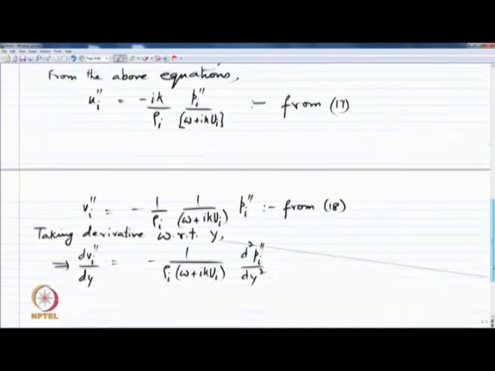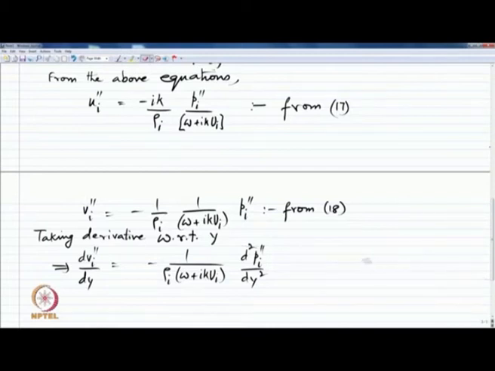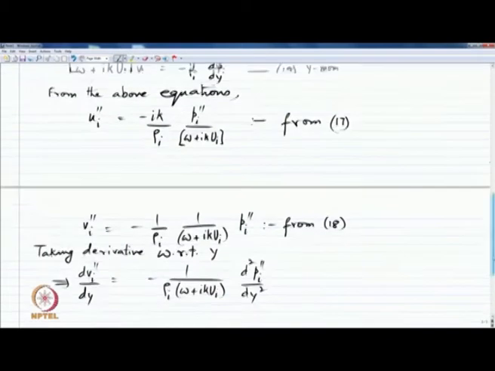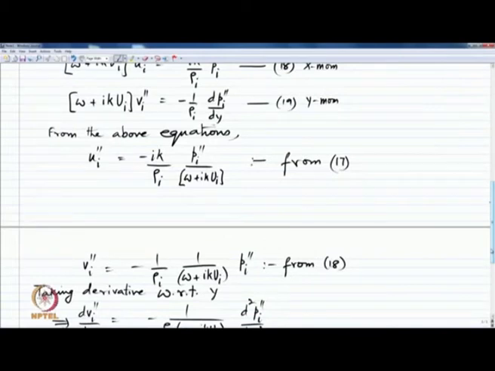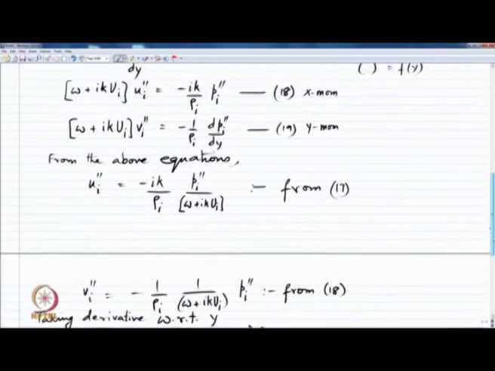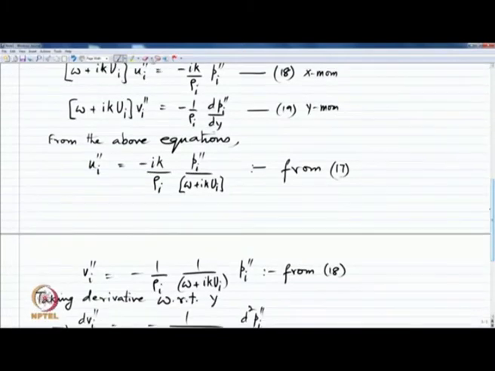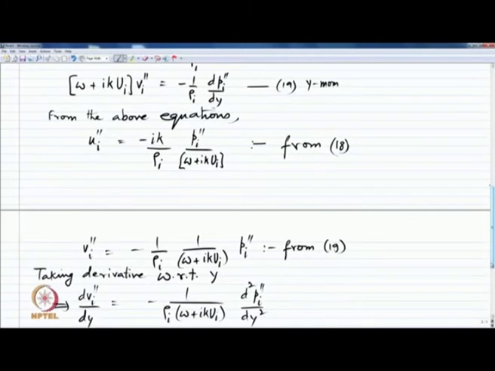So, we are able to write down ui and vi. Ui double prime is minus ik over rho I times pi double prime divided by omega plus ik ui, and vi double prime from 18 or from 19 is given by this.